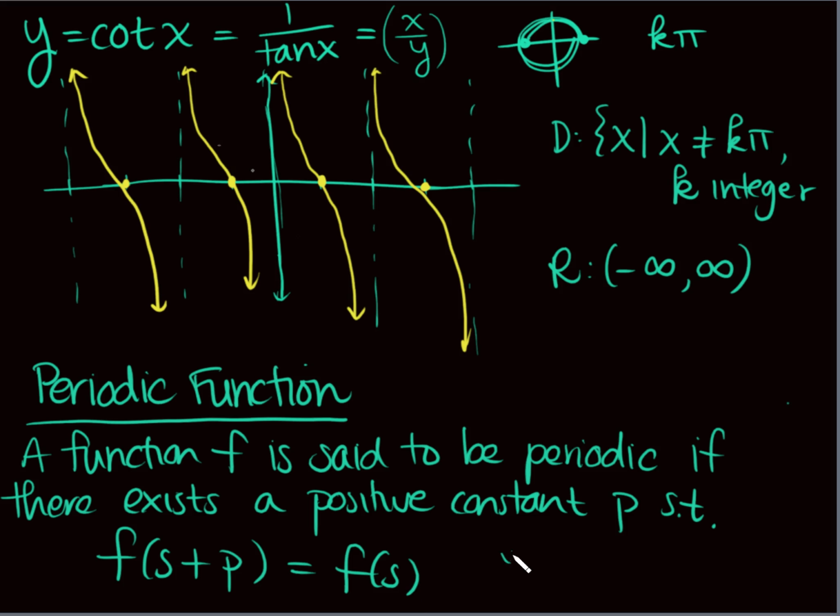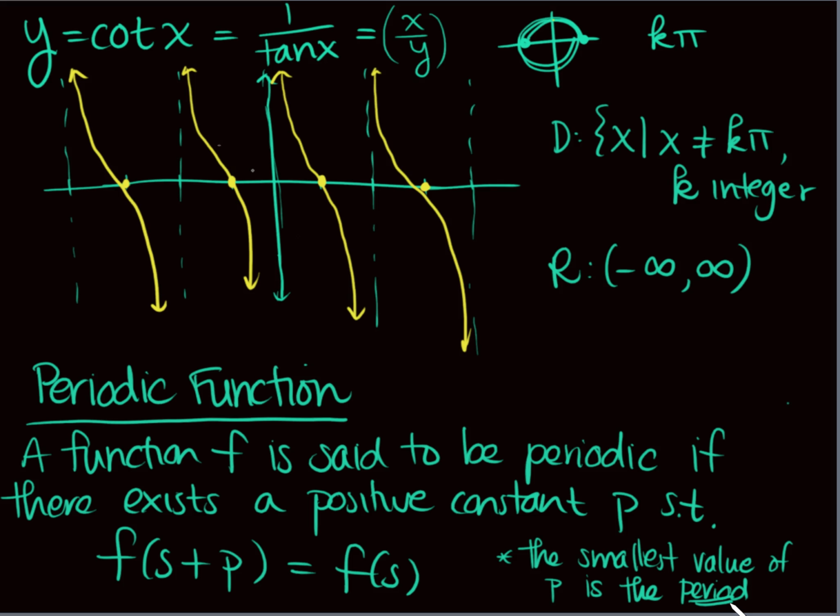Now the smallest value p, and this is going to be something we talk about a lot, the smallest value of p is called the period. So we might rewrite that for sine and cosine. That's what we call the period of the function.